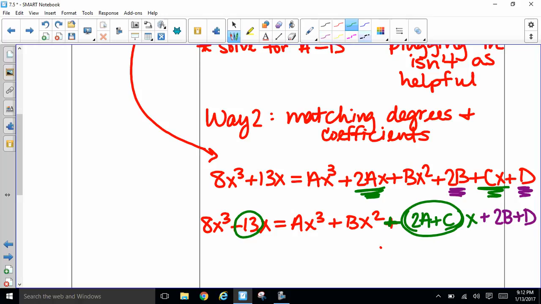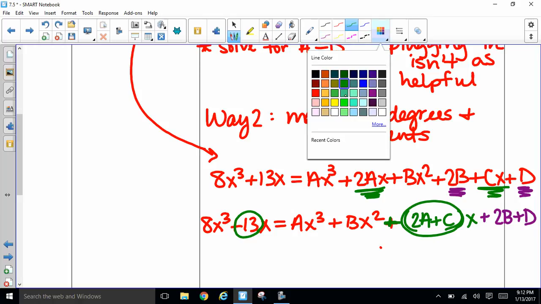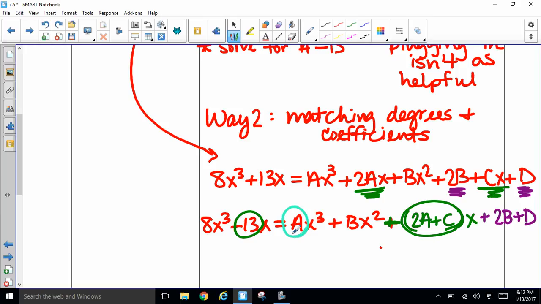So let me pick out another color for a second. So this ax cubed gets matched up with an 8x cubed. So I know that 8 has to equal a. Well, there were no x squareds over here. So that means that's the equivalent of plus 0 x squared.